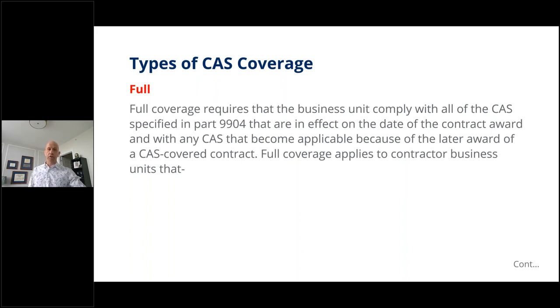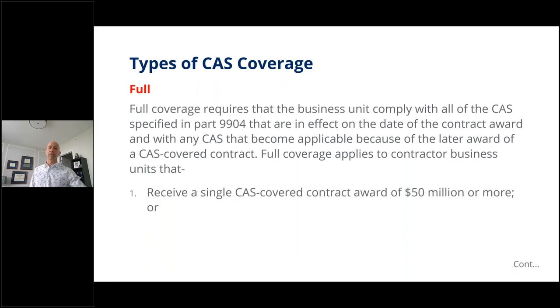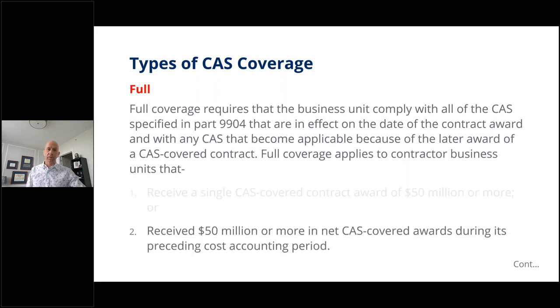Note that full coverage applies to contractor business units that receive a single CAS-covered contract award of $50 million or more, or they received $50 million or more in net CAS-covered awards during the preceding cost accounting period, okay? So you can see that CAS typically applies to larger companies.